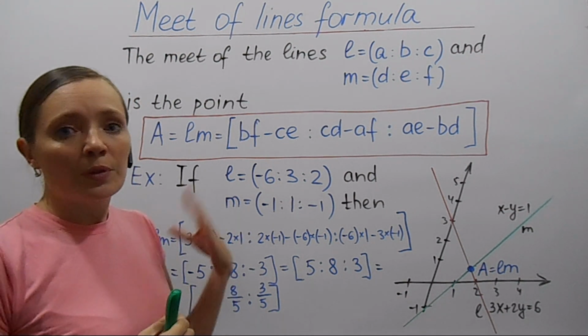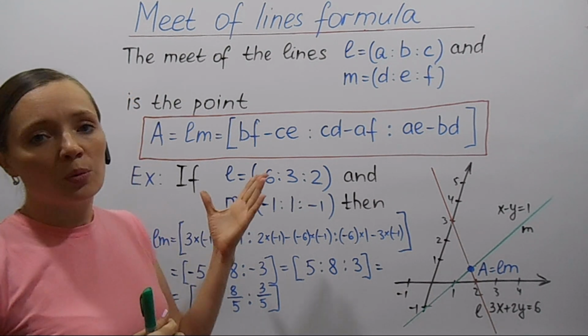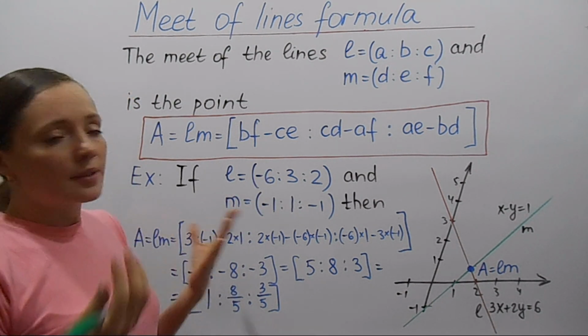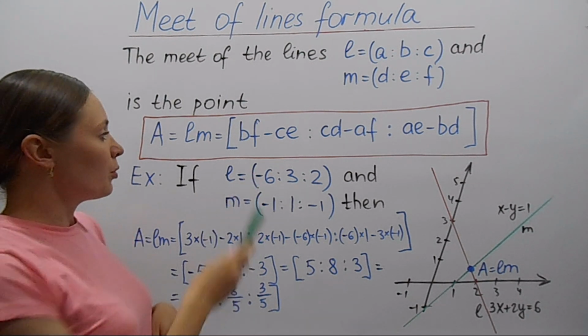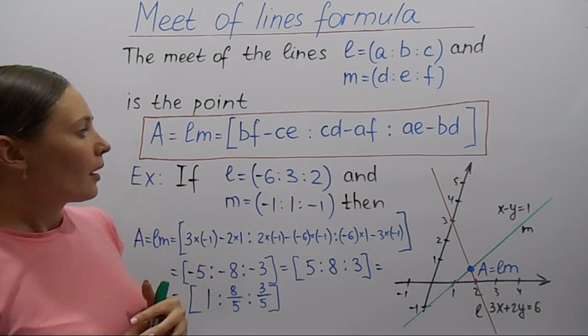So if you memorize the previous formula, you automatically know this one. Just remember that the output is the point, therefore we write it in square brackets.